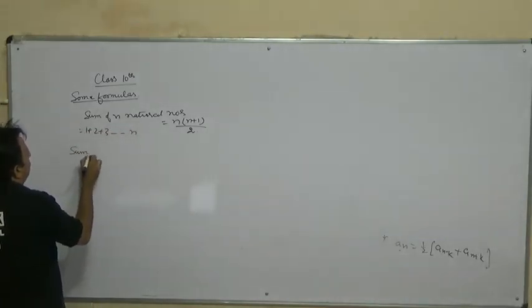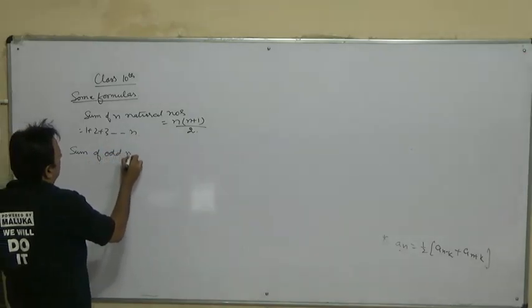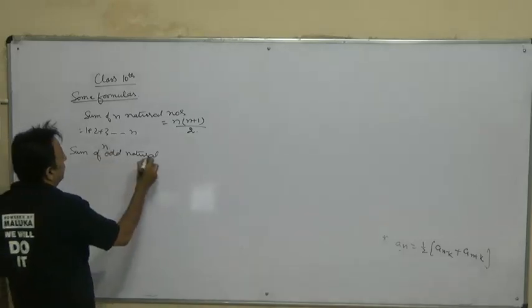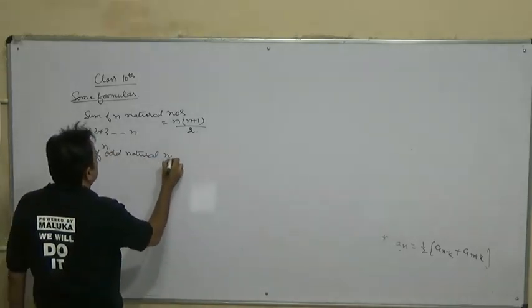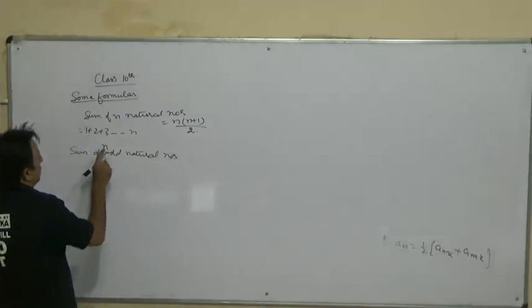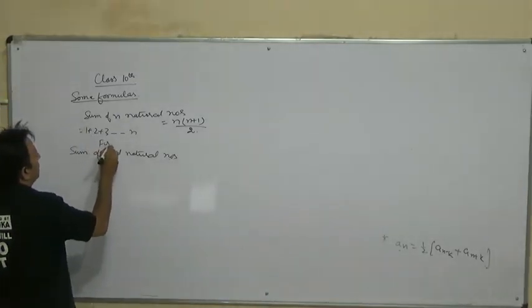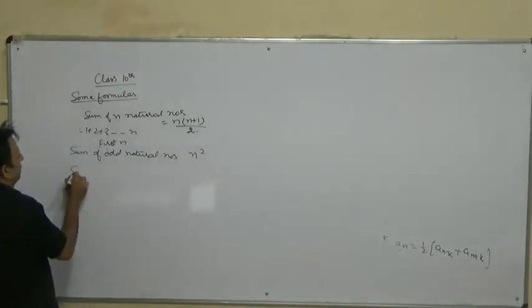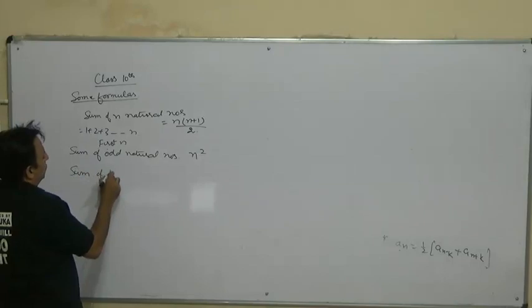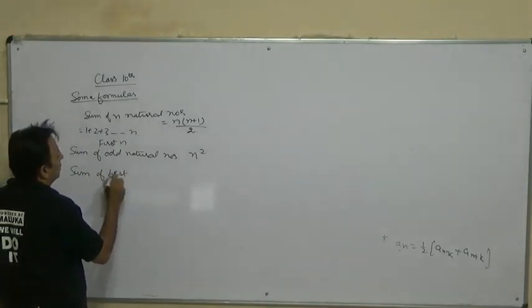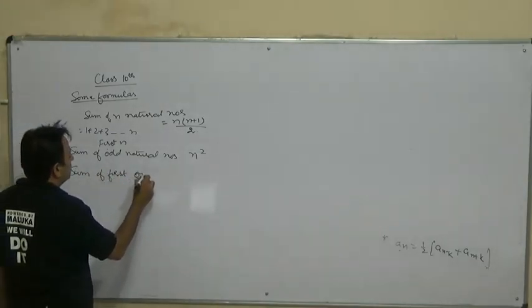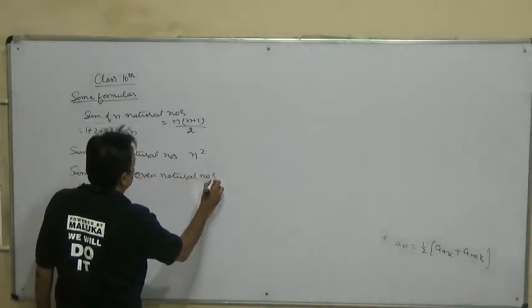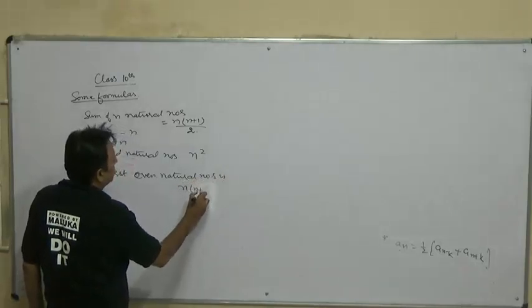Then the sum of first n odd natural numbers is n square, and the sum of first n even natural numbers is n into n plus 1.